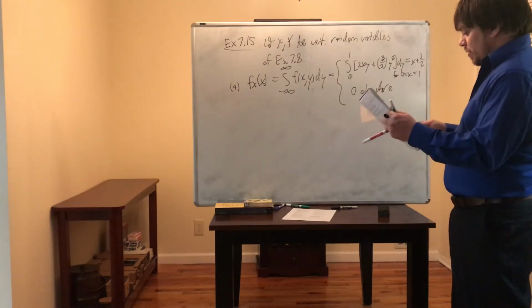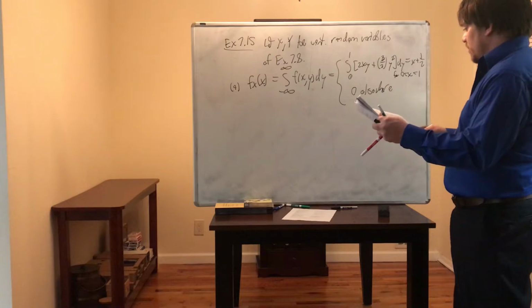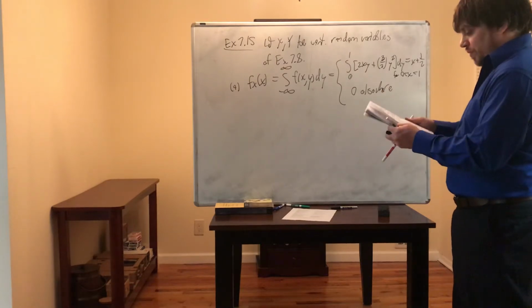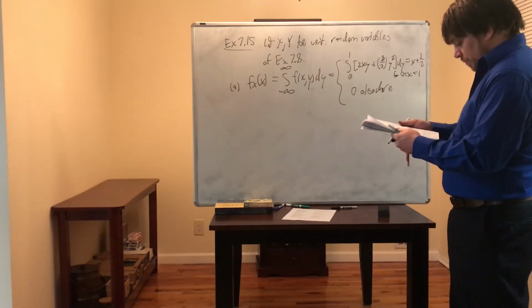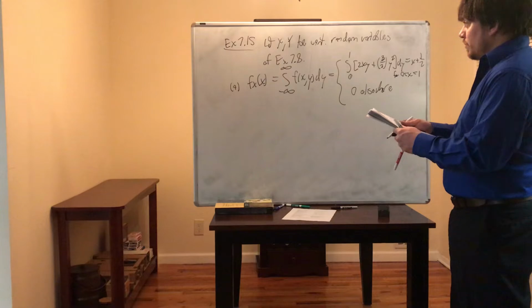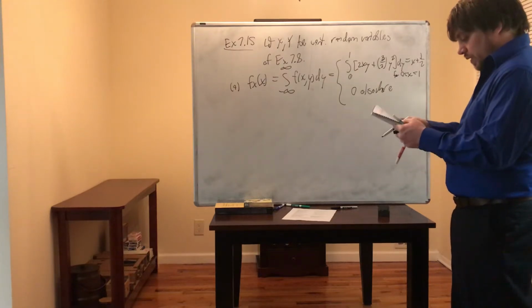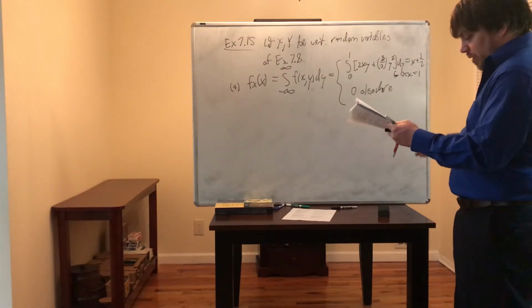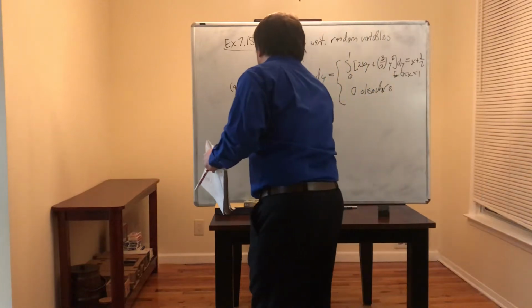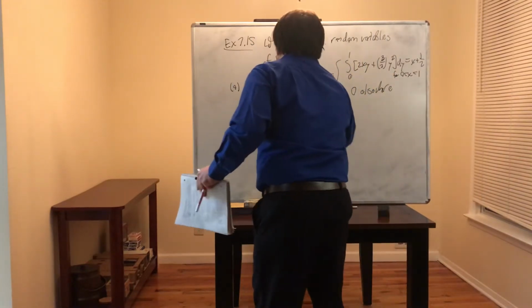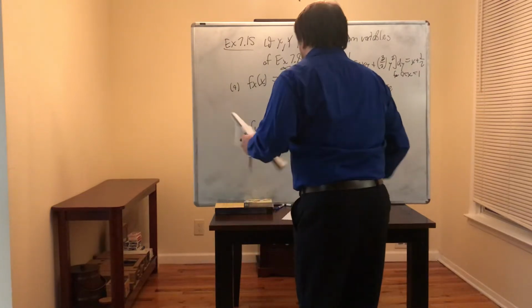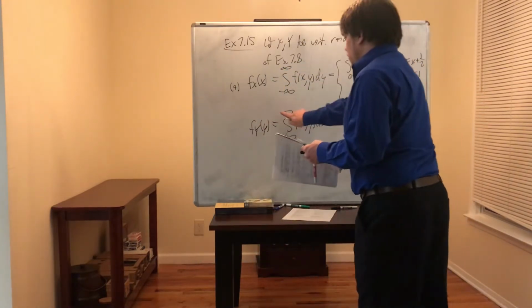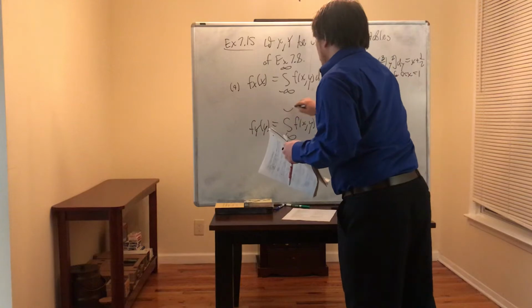Okay, that was for the region of points. And 0 elsewhere. Then f sub y of y is equal to the integral from negative infinity to infinity of f of x comma y dx, by definition of the marginal probability function of y.